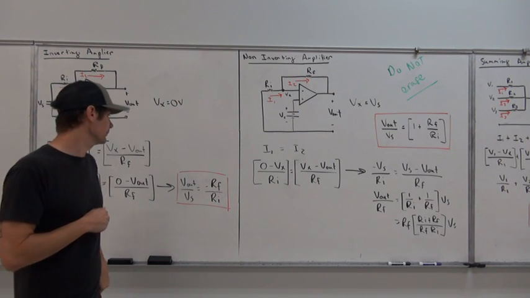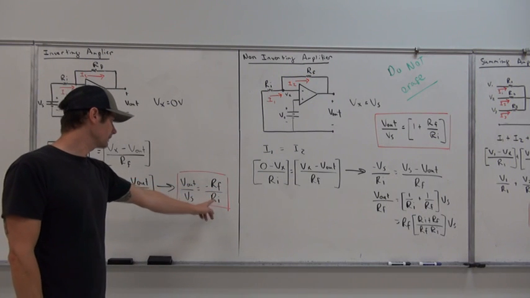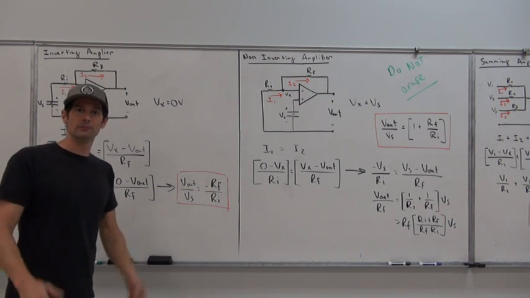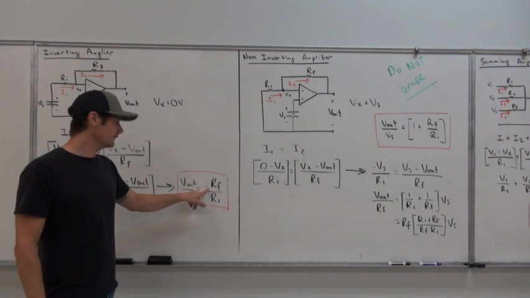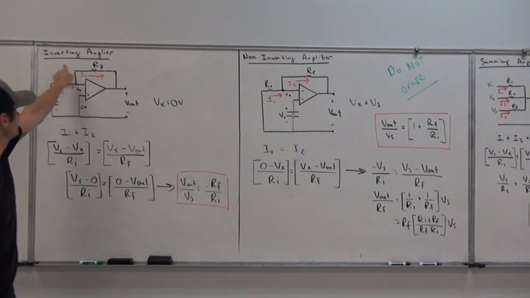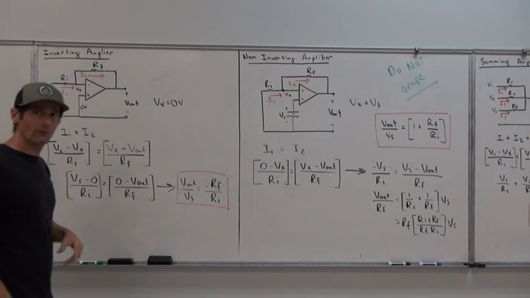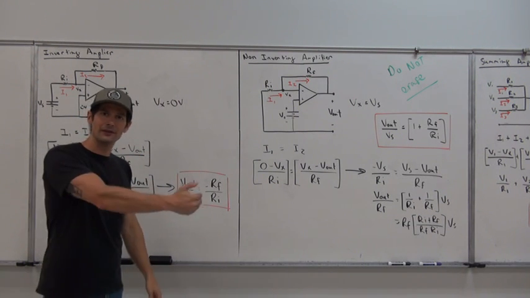Very simple. Or if we wanted to find Vout directly, we would say minus Rf over Ri multiplied by Vs, the input voltage. But we get that negative on the output, so that means we're looking at an inverting amplifier. But what if we don't want to invert that polarity on the output?